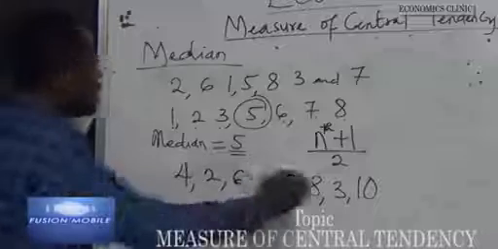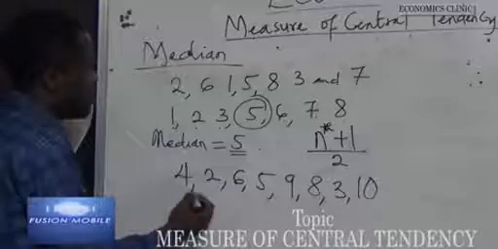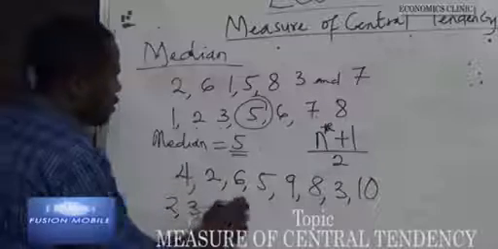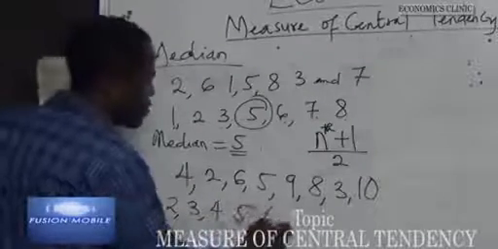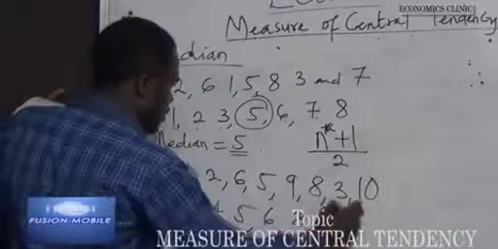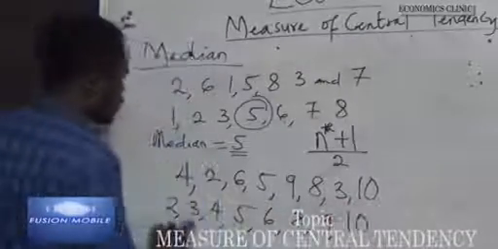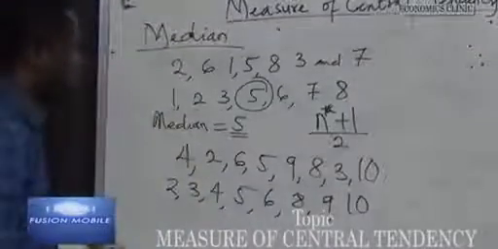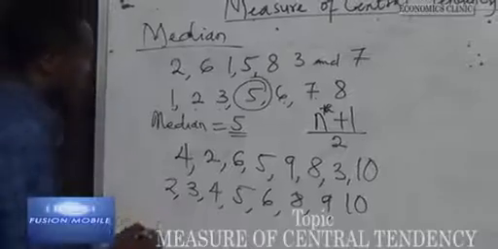So we can rearrange this. If we rearrange, we have 2, 3, 4, 5, 6, 8, 9, and 10. To look for the middle number here, we count.